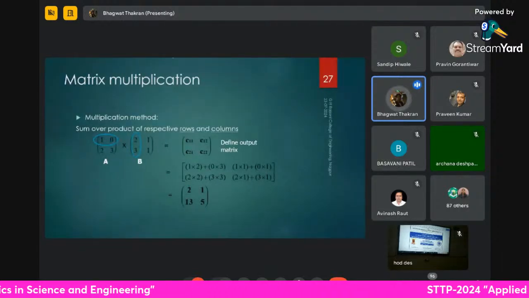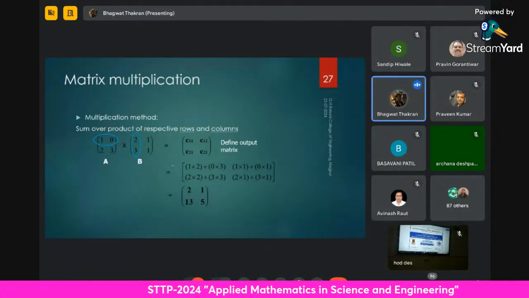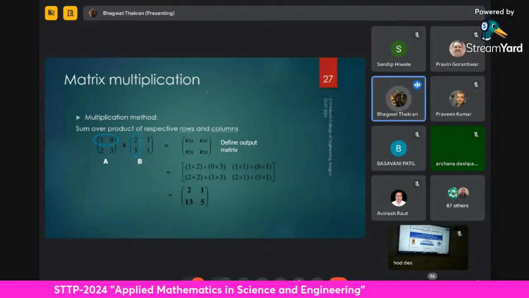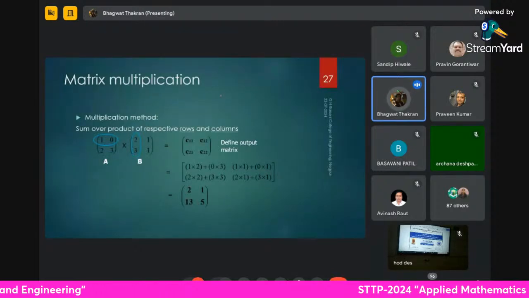Let us consider 2 by 2 matrices A and B. Matrix multiplication is also the interesting part. The product of these two matrices should be valid, and validity can be checked based on the order.